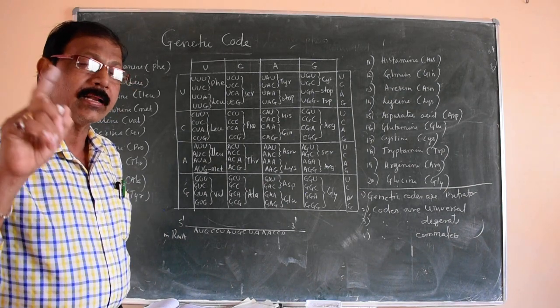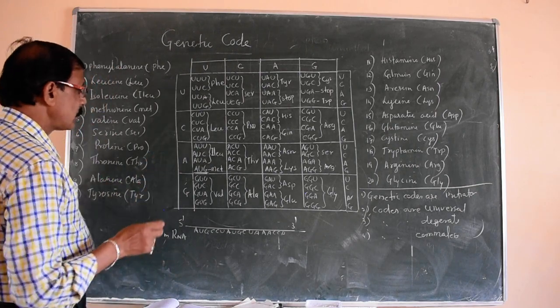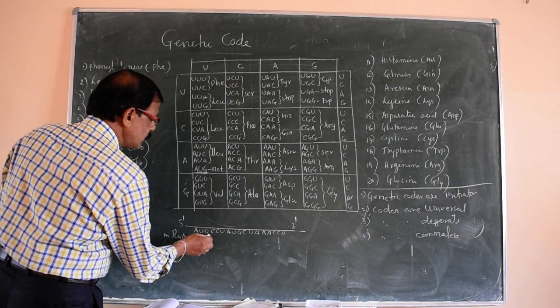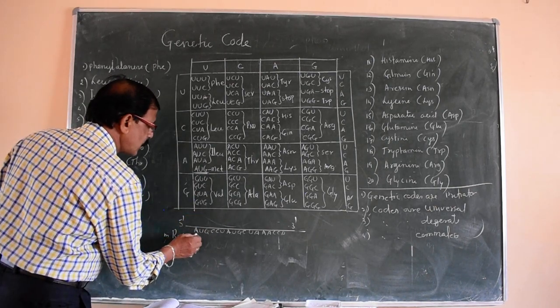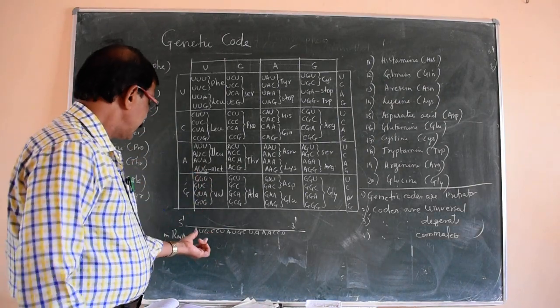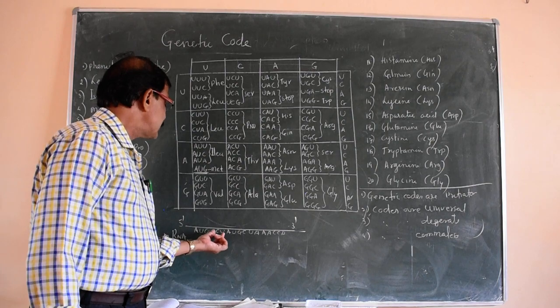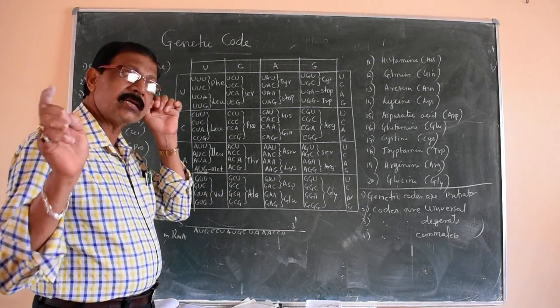Genetic codes are always read in sets of 3. AUG is the initiator codon. So you read AUG, CCU, then AUC, then CUA, in sets of 3.